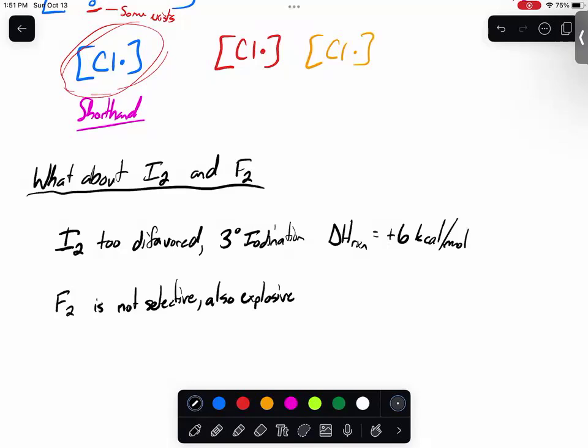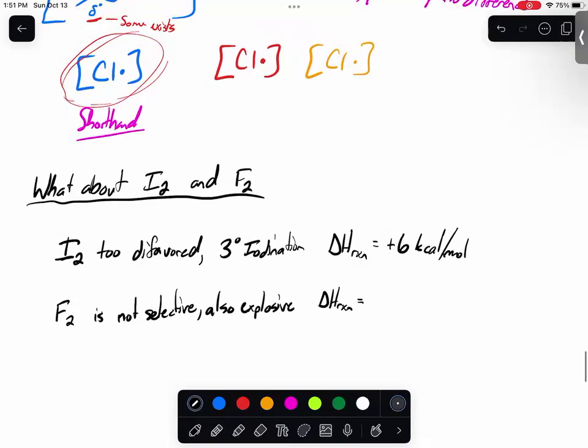We will only practically see brominations because the delta H reaction here, if you noticed above, we were looking at like -16, -30. Well, this is -113 kcals per mole for a tertiary carbon. That's a lot of energy.